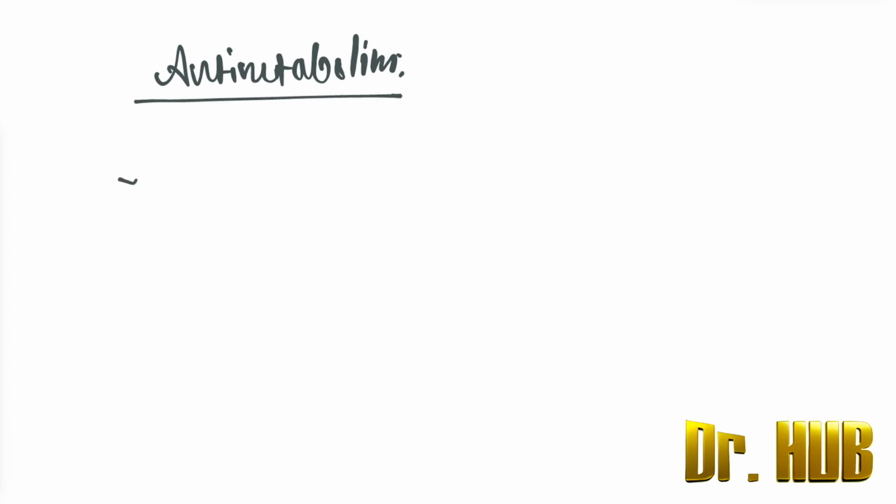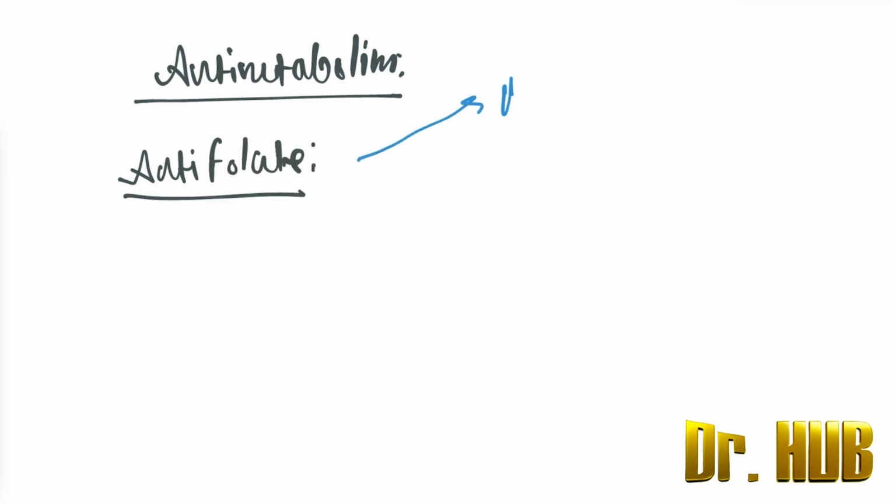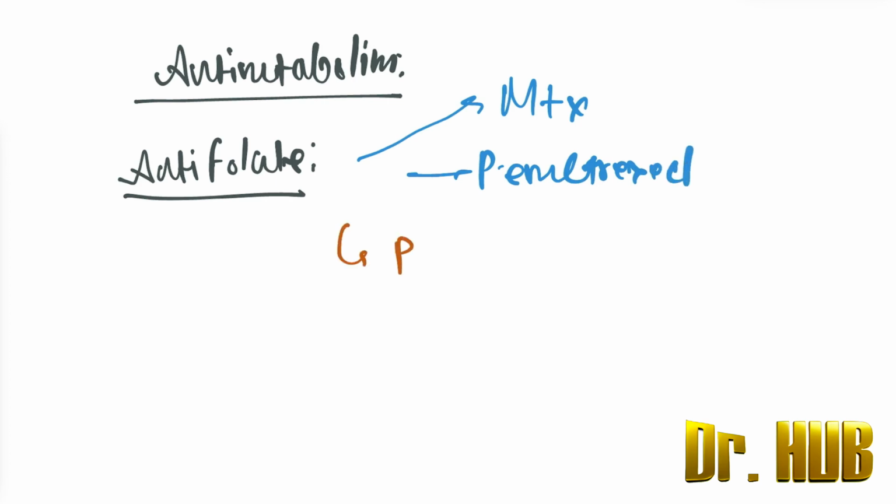Under antimetabolites, there is the antifolate. Under antifolate, it includes MTX, that is methotrexate, pemetrexed, pralatrexate, and raltitrexed.